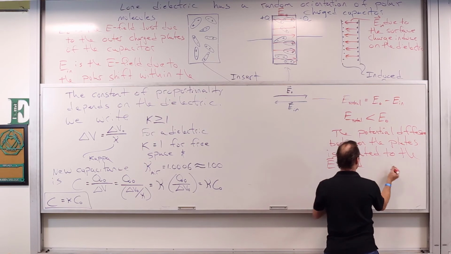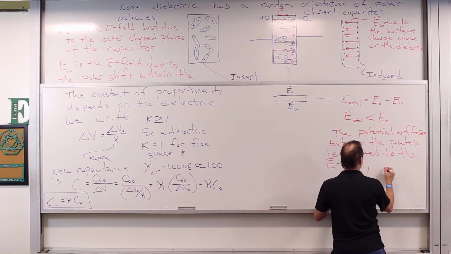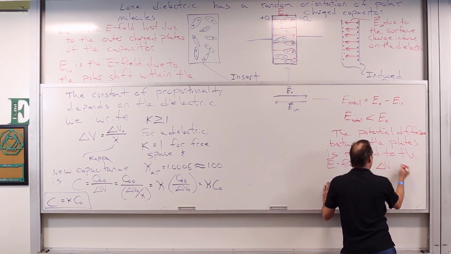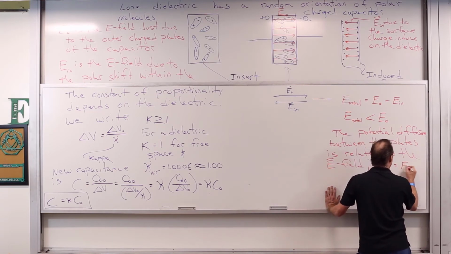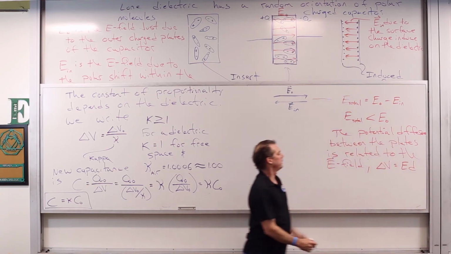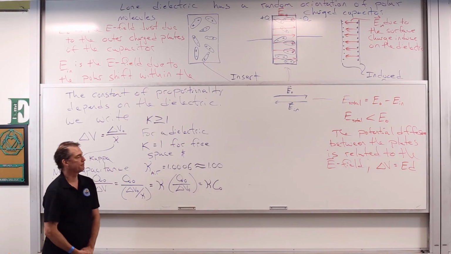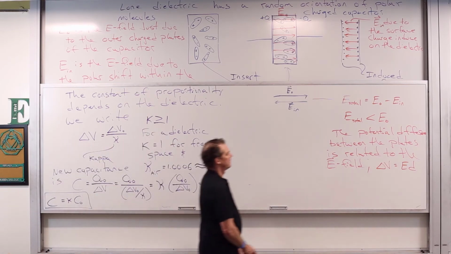Pretty simplistically, delta V is equal to E times D. So what happens?